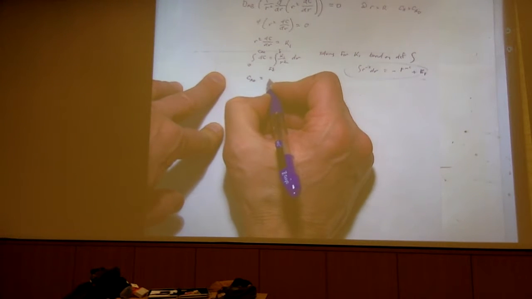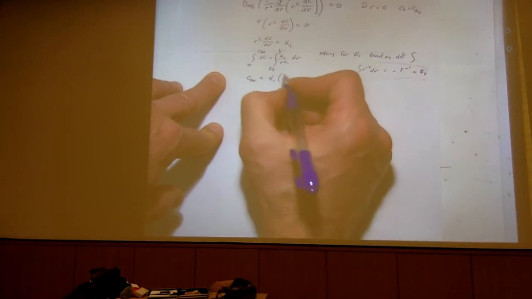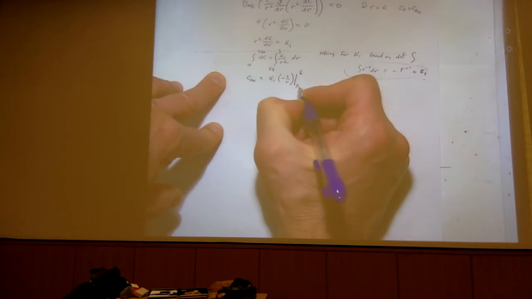This will be equal to K1, which is a constant, and that integral that you'll have there, which will be minus 1 over r evaluated from delta to f delta.